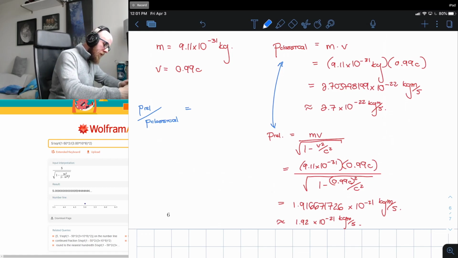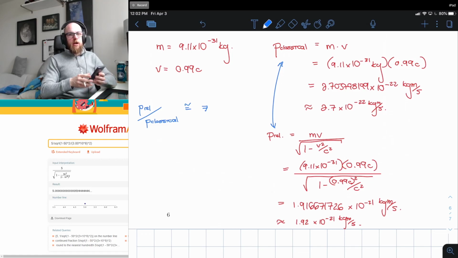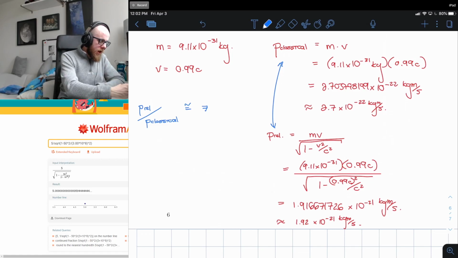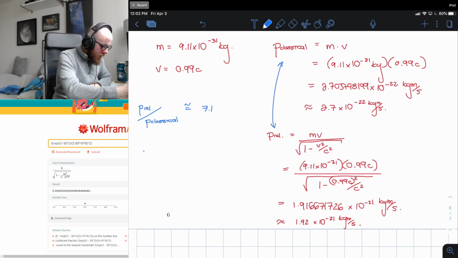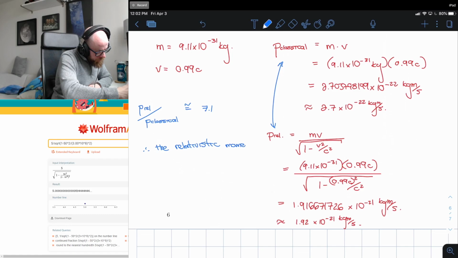Yeah, so about a factor of 7 increase. Okay. So that means the relativistic momentum is about a factor of 7 times as great as the classical momentum, right? So we conclude, therefore, the relativistic momentum is approximately 7 times the classical momentum.